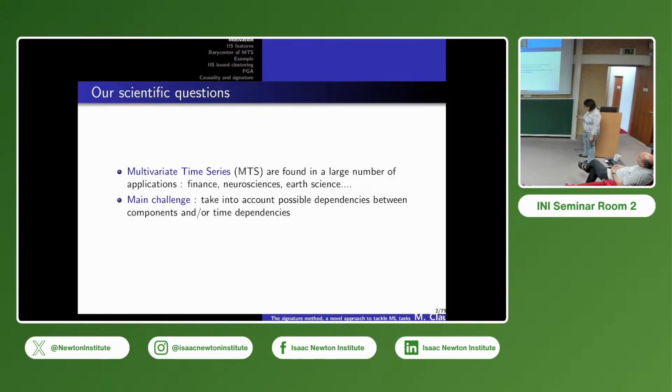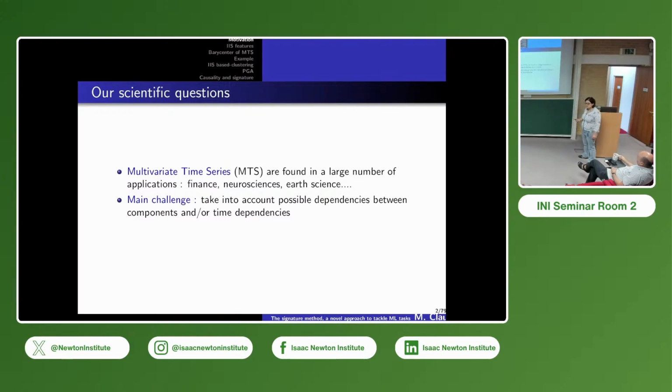So let's go. Everyone is motivated about multivariate time series because they are ubiquitous in all areas of sciences: finance, neurosciences, earth science, and everyone wants to study this topic because it is important.